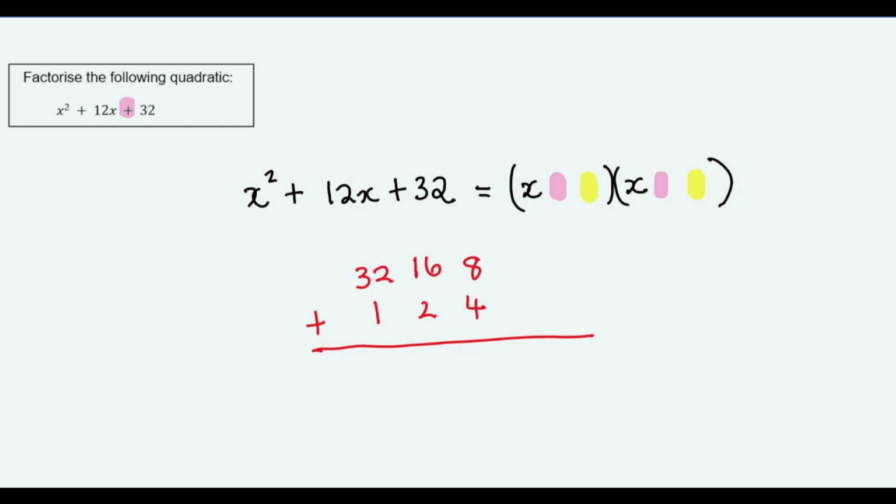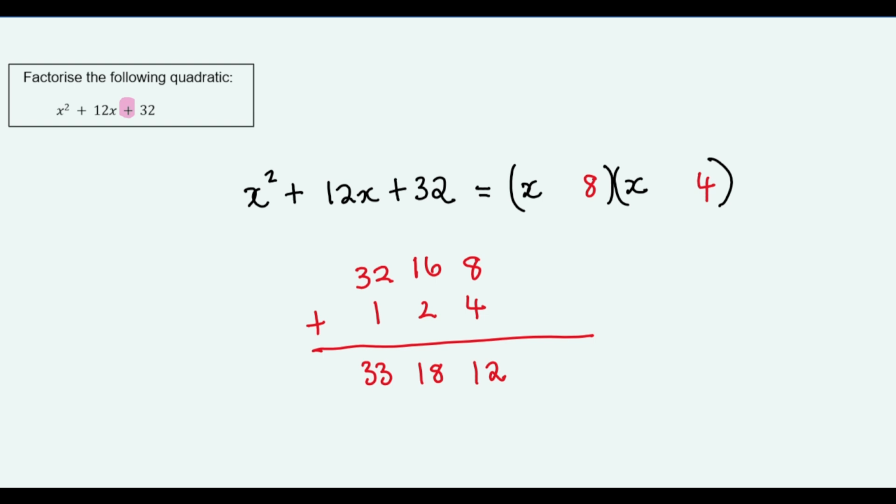Now obviously 32 plus 1 is 33, 16 plus 2 is 18, 8 plus 4 is 12. So 8 and 4 are the ones that we want. So I'm going to write in my brackets over here 8 and 4.